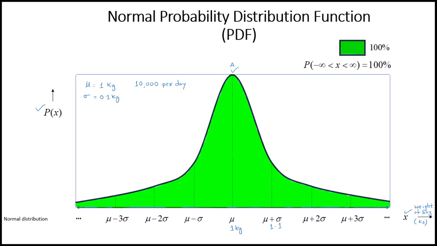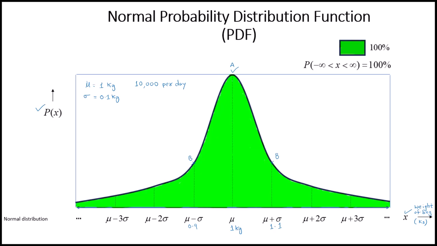Let's also assume the probability for observing a bag of 1.1 kg is represented by point B. If we have an observation such that the probability of having a bag of 0.9 kg is also represented by B, so that the probability of having a bag size of 0.9 kg is the same as that of 1.1 kg, then we have a kind of symmetry on the left-hand and right-hand side, with equal probabilities.